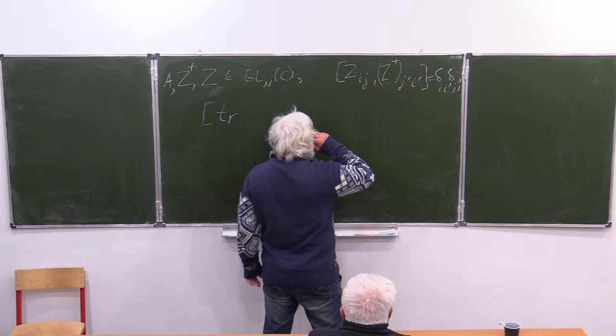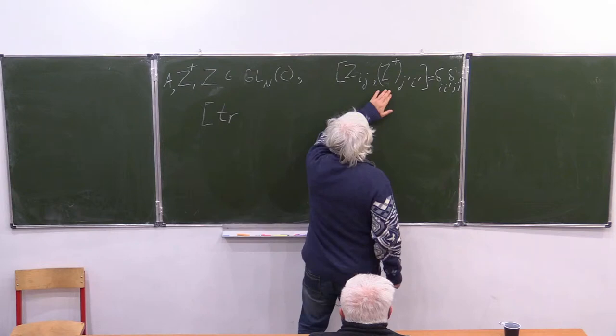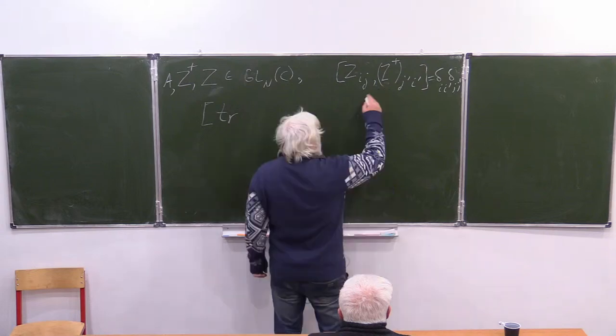So one way is we just consider matrix-valued bosonic operators, and we do not mention that this is a Hermitian conjugate operator.